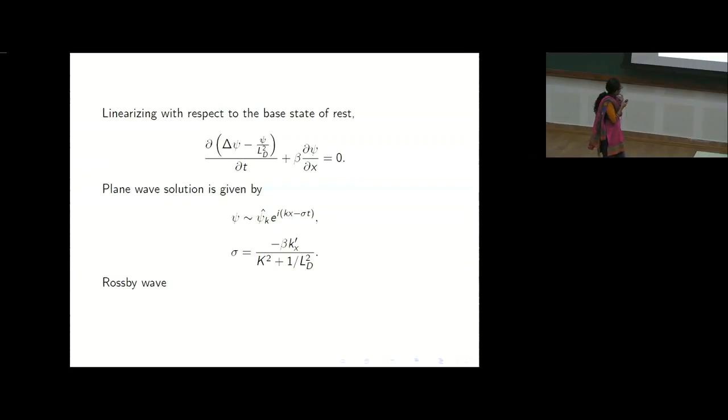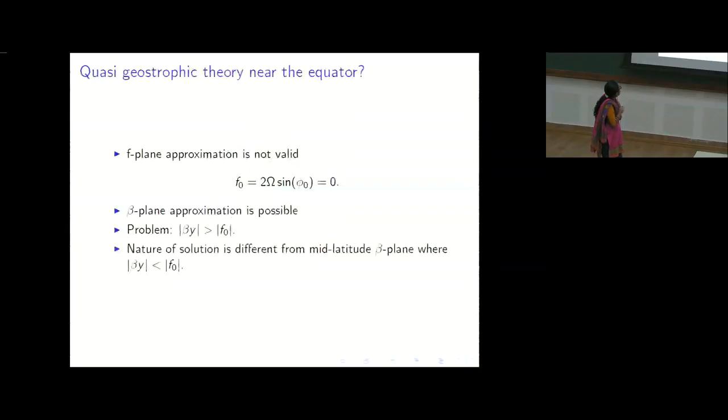If I want to do it near the equator, that is the original problem, then I have some problems. The F-plane approximation I cannot use because f is 0. Beta plane approximation is possible, but I still have a problem because this f0 is small, very near 0, so beta y, the magnitude, could be larger.